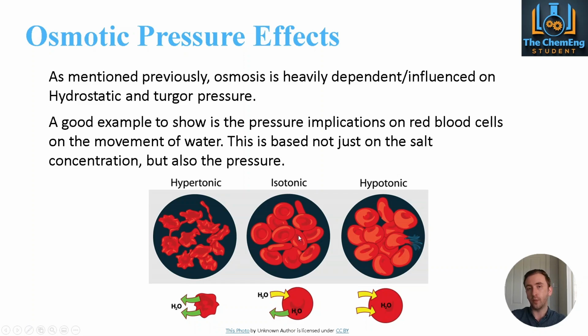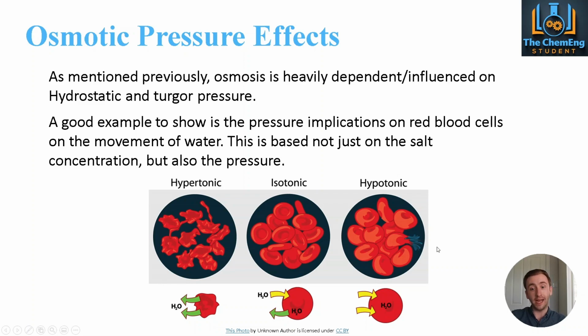Isotonic is when we have equilibrium established through the rate of osmosis coming in to the rate of osmosis leaving. So that is the established isotonic pressure that you would have currently in your bloodstream. A hypotonic is when surplus water enters the cell, i.e. you have a higher concentration outside the cell than you do inside the cell.